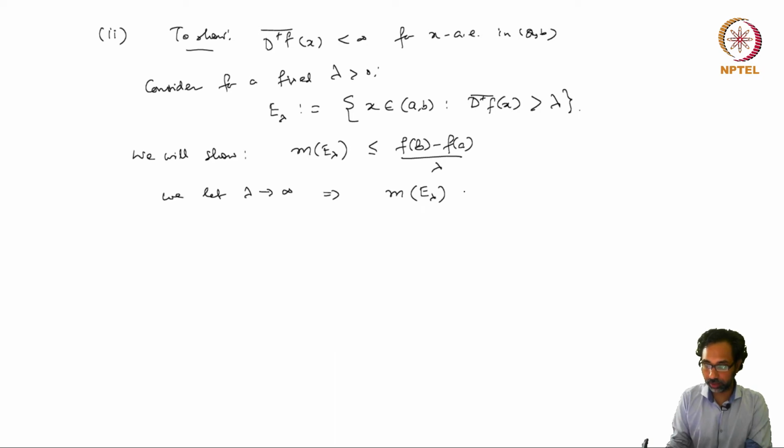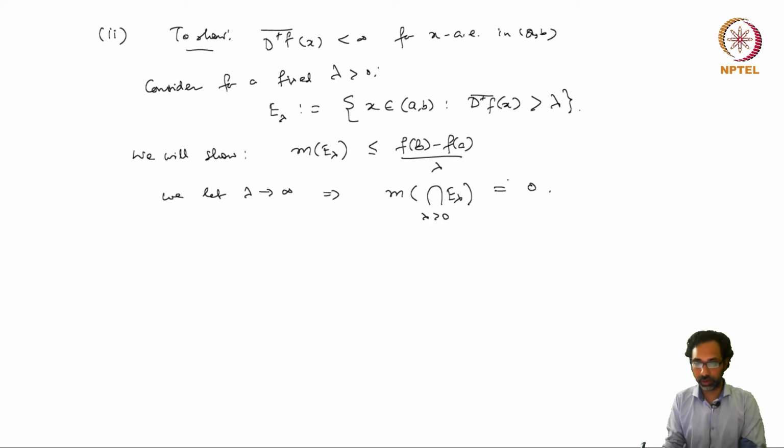And so if we let lambda go to plus infinity, this implies that the intersection of all these E lambdas, lambda positive, is equal to 0, because the right hand side goes to 0 as lambda goes to plus infinity.